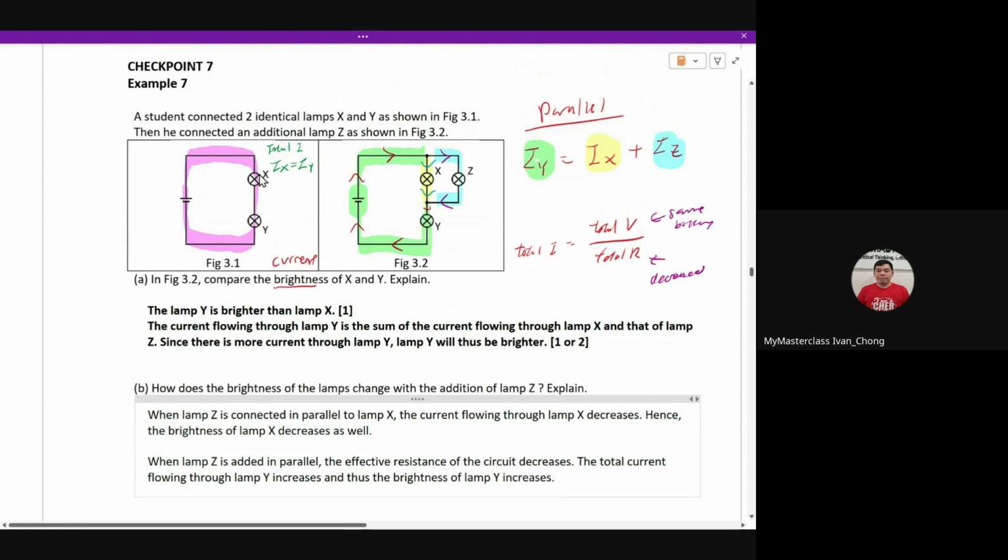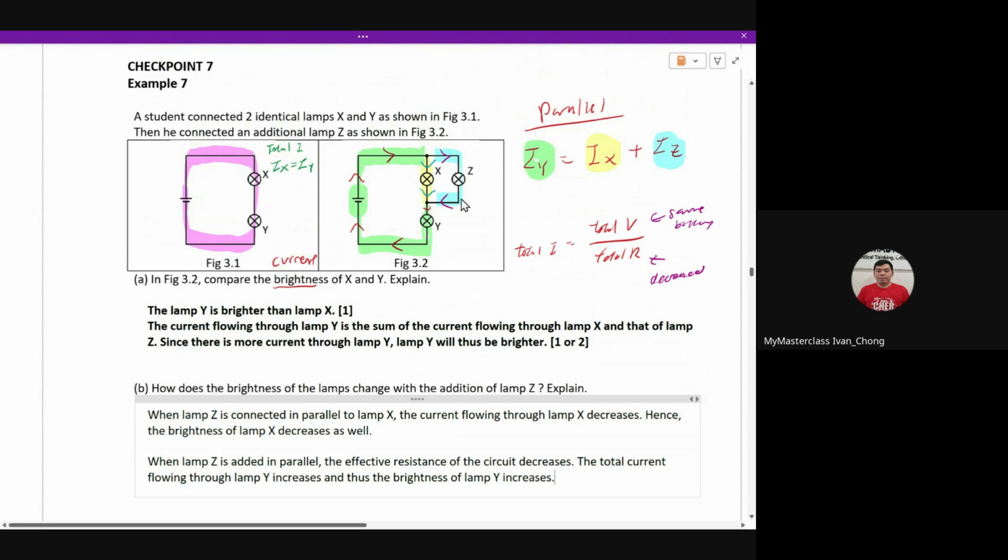So previously it was a certain value, and because I add Z, it will split. Because Z is identical as well, you split nicely in two, just that your value may differ slightly, but you can still see that your current will become much smaller.